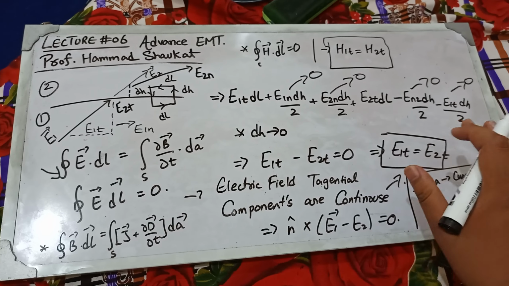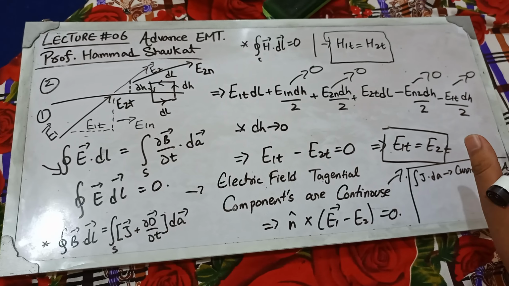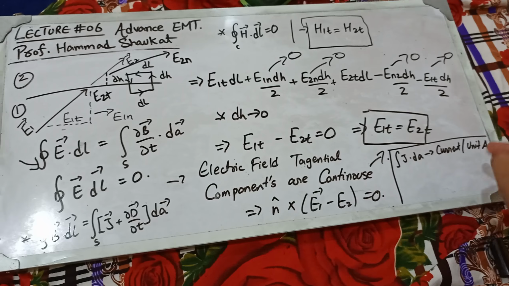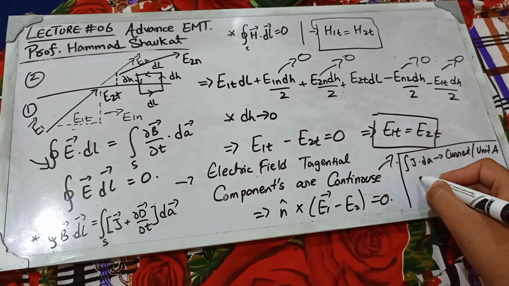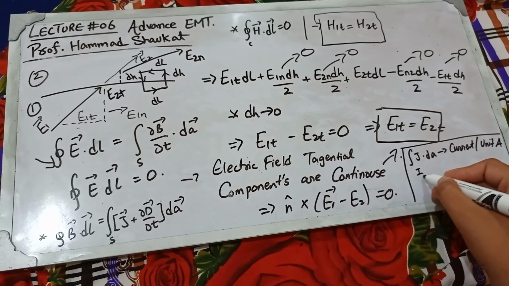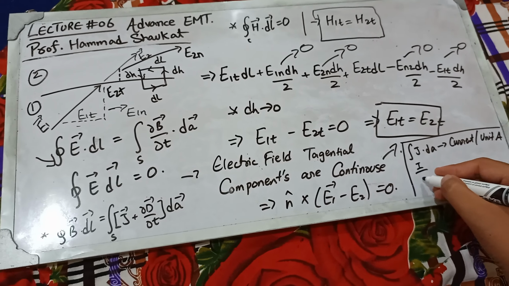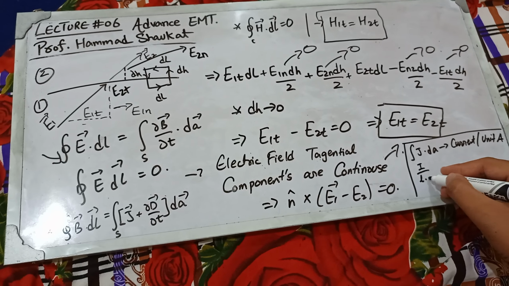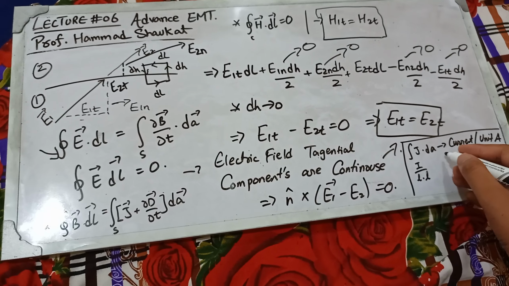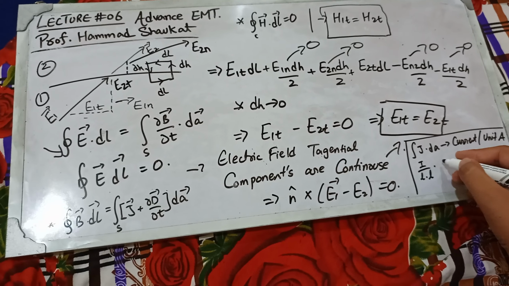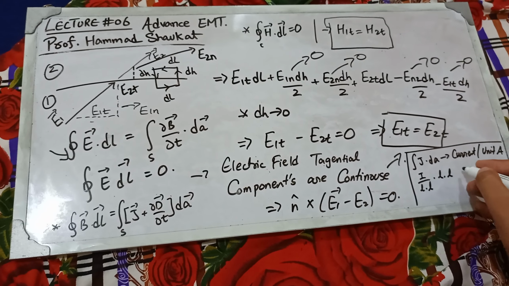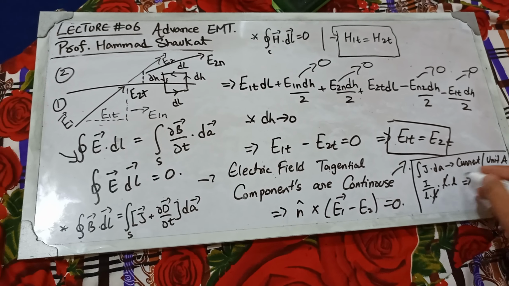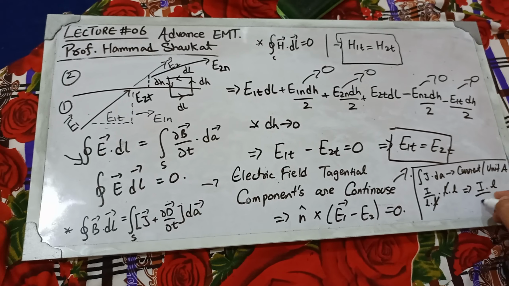But if you want to find your current on the surface, you must convert this per unit area into per unit length. The unit of area is meter squared, and basically it's L times L. So because we use L times L, we must multiply by L times L also. So cancel one L with one L, and you will only be left with I times L divided by L.